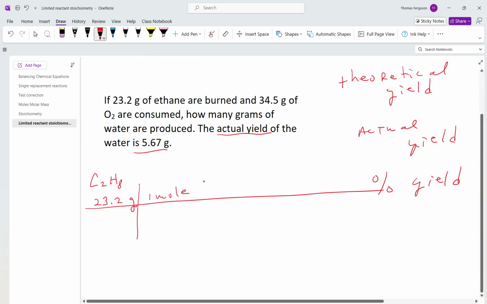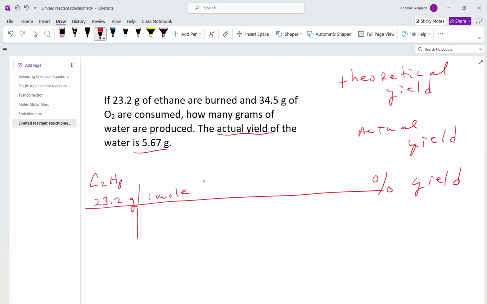Now, again, this is going to fall into the three-step process. First step, convert given to moles.